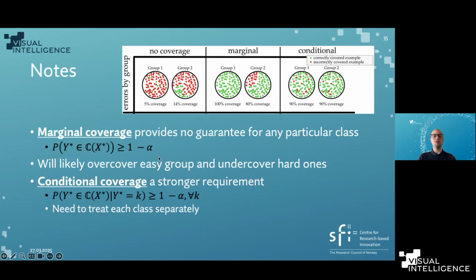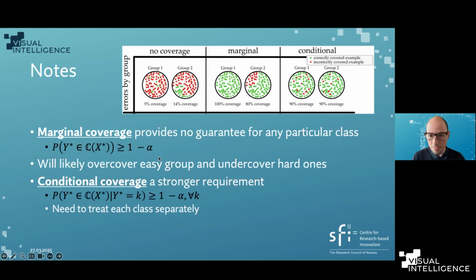So usually what you would like to achieve is conditional coverage, which is a stronger requirement, so that if you condition on one class, then your prediction set will contain the correct label with a certain guarantee. So to achieve this, you need to treat each class separately.